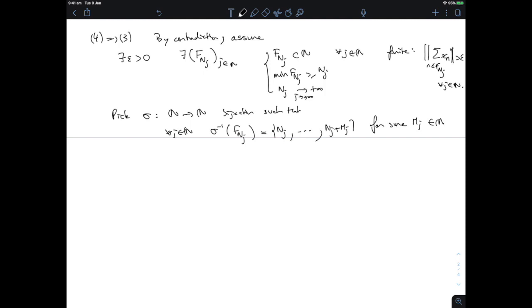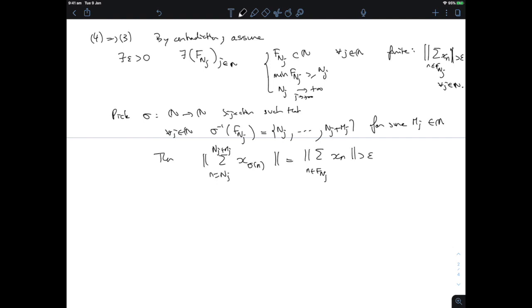And so we just reorder the F_j such that they are just n_j and j plus 1 until something. So then what have we got? We've got that the sigma_n's will be exactly those n's that are in F_j. So if I sum that from n_j to n_j plus m_j, well, I literally get the sum of the x_n when n is in F_j, and I know that this is greater than epsilon.